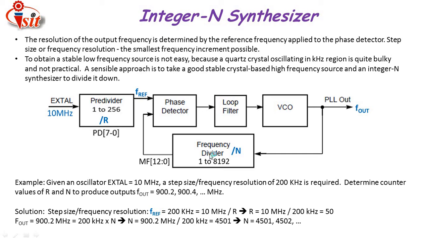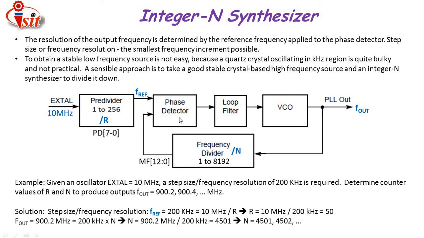The frequency divider divides that frequency into a number of stages, from 1 to 8192, and again that input is given to the detector.